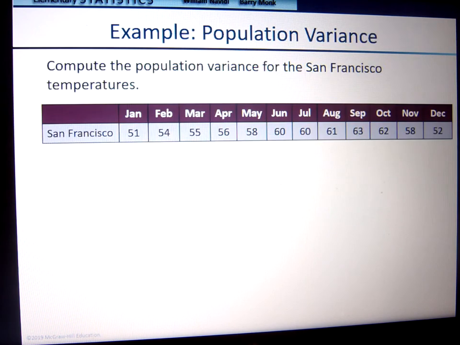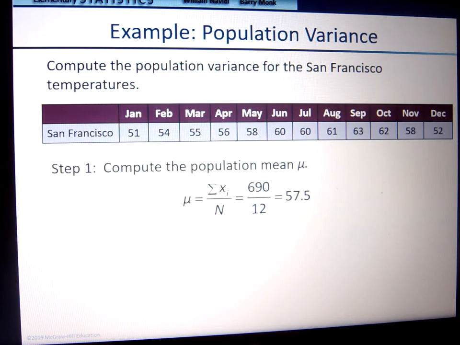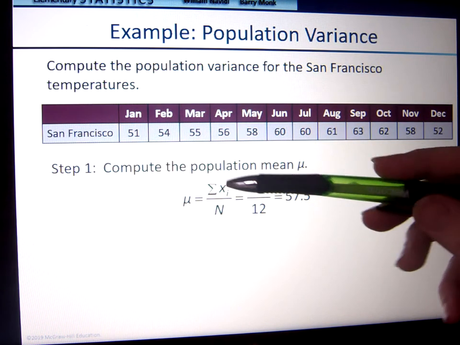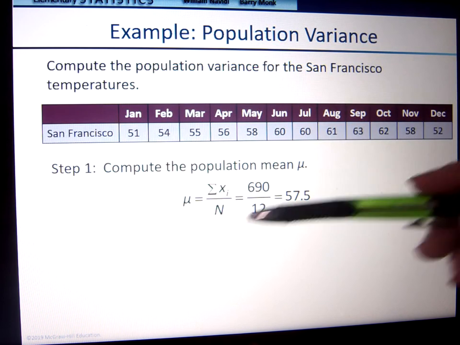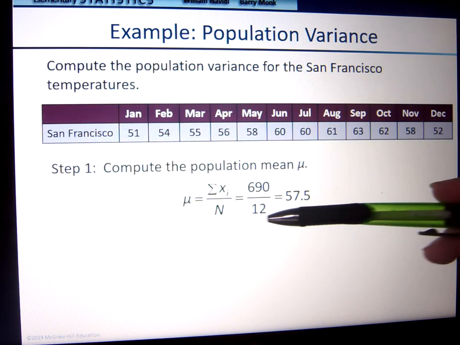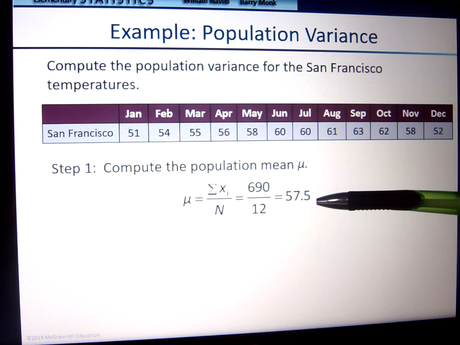So here we have the San Francisco temperatures. Let's take a look at that. We're going to compute the population mean, which is mu. I'm going to take the sum of all of these numbers divided by my total in the population, which is 12. So I get my mu of 57.5.